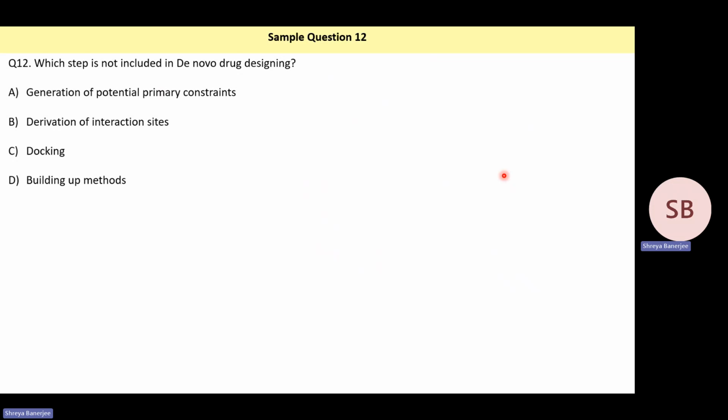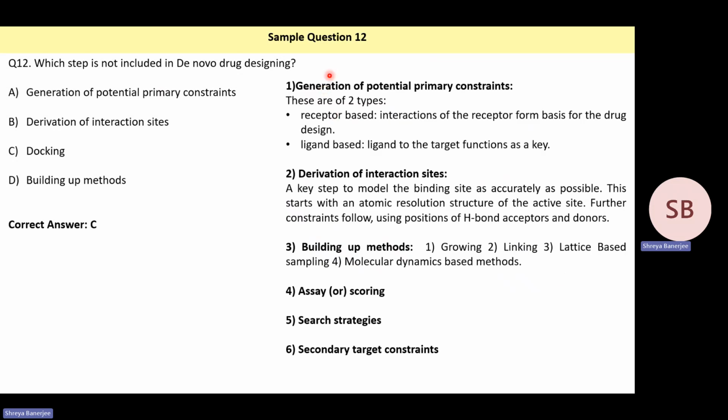And the final question for today is: which step is not included in de novo drug design? So in de novo drug designing, these are the steps.